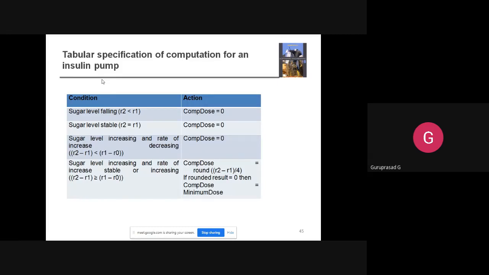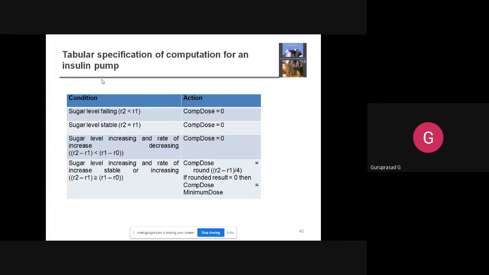So, for example, sugar level falling, what is the action to be taken? Sugar level stable, what is the action? Sugar level increasing, and the rate of increase is stable or increasing. One small example is shown there. That means it is a tabular specification of computation for an insulin pump.